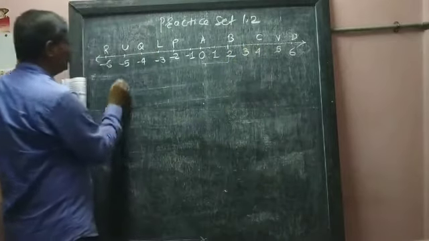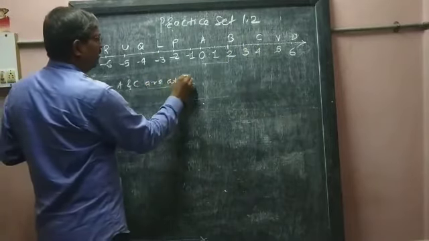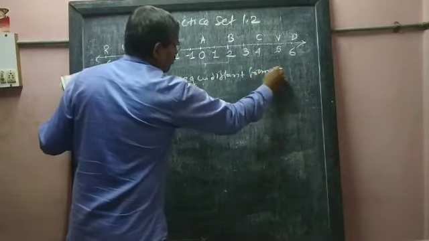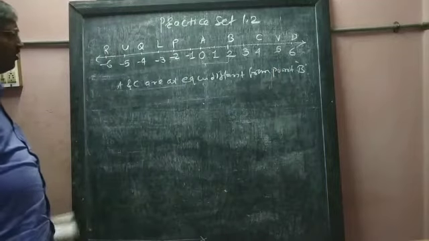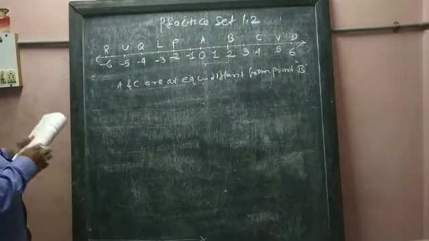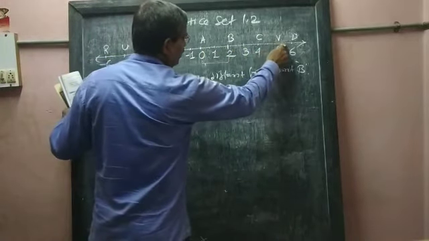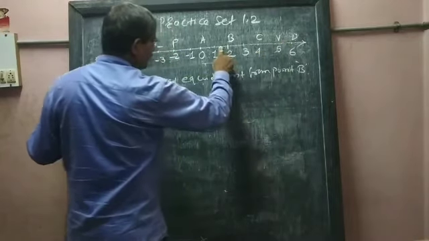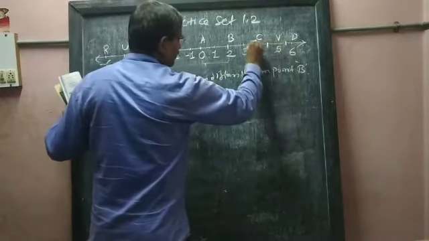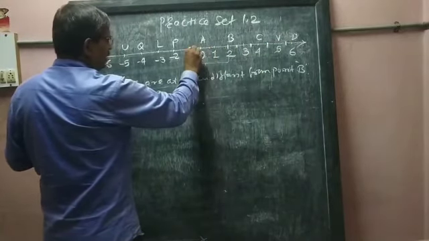So A and C are equidistant from point B. Again you may check who else can be equidistant. 1, 2, 3, 4 from A, and 1, 2, 3, 4 on the other side.